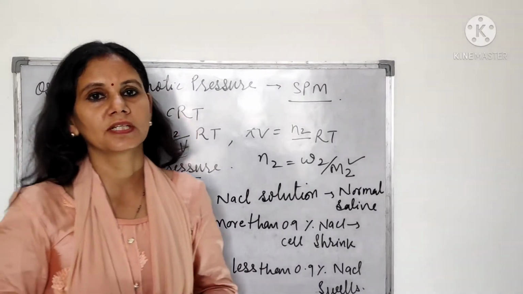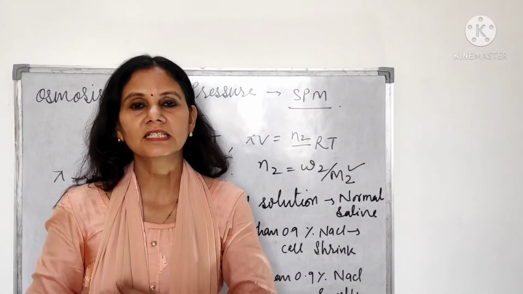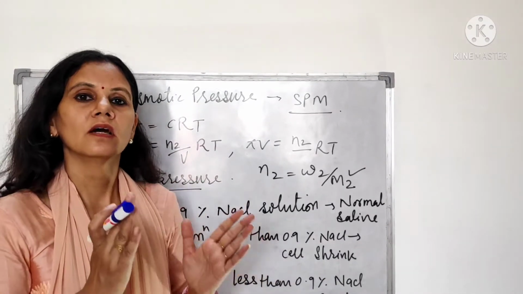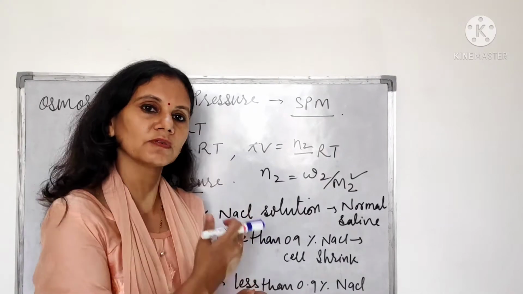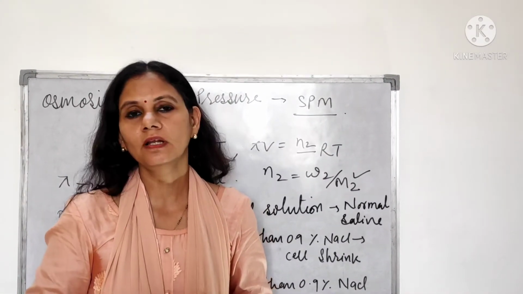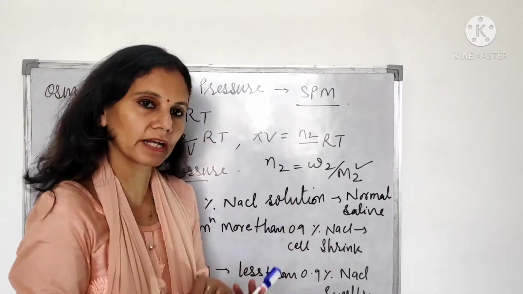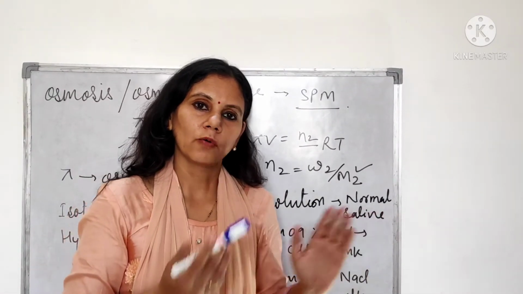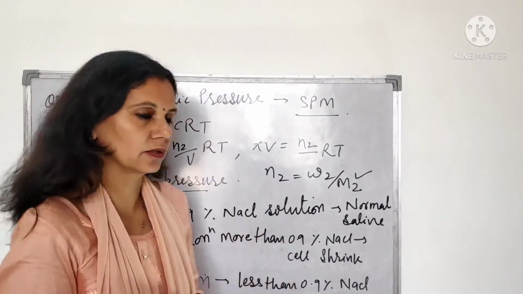But if the solution has more than 0.9% NaCl concentration, then the solvent moves. Solvent means water. If we put the cell in this type of solution, which has more concentration, then the water molecules will move out and the cell will shrink. So exosmosis will occur in a hypertonic solution.